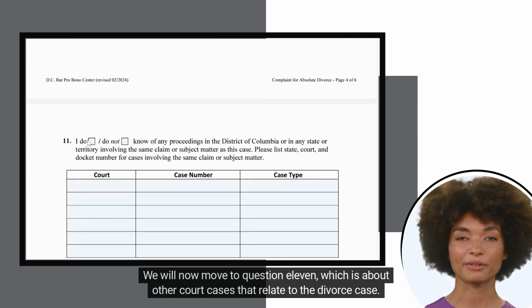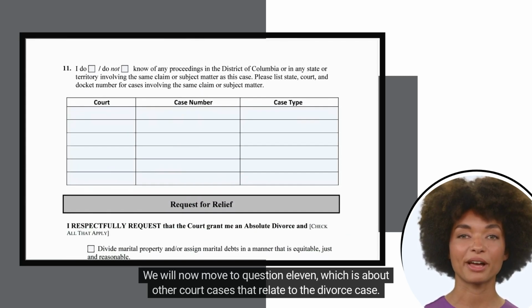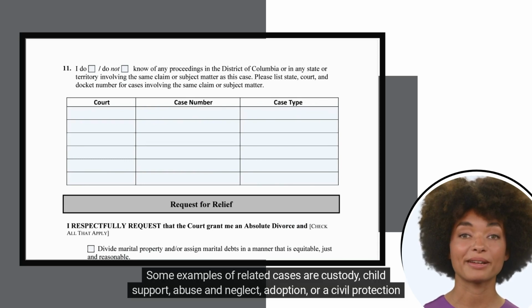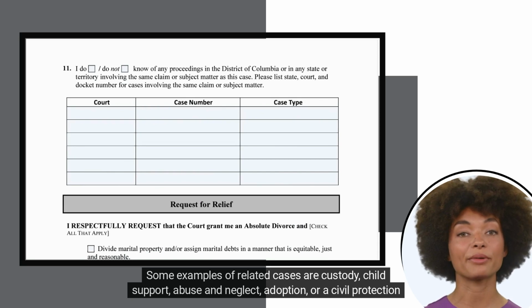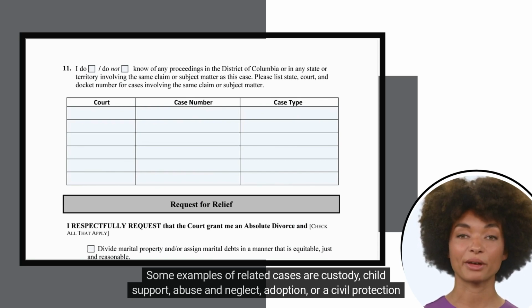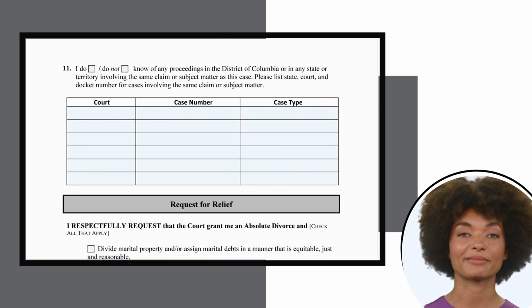We will now move to question 11, which is about other court cases that relate to the divorce case. Some examples of related cases are custody, child support, abuse and neglect, adoption, or a civil protection order case.